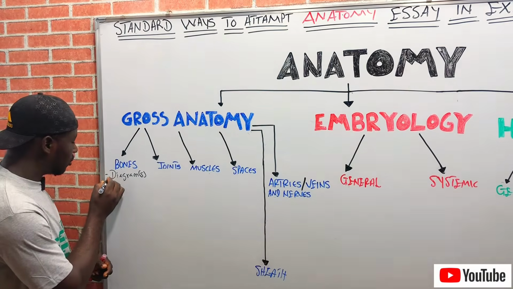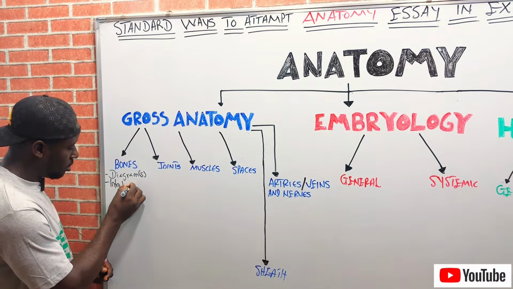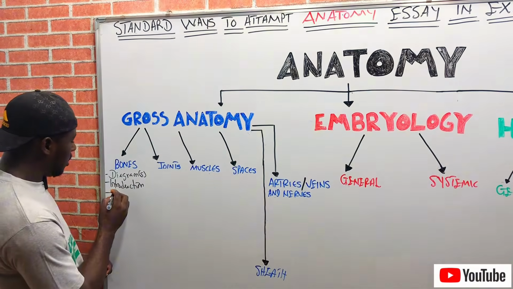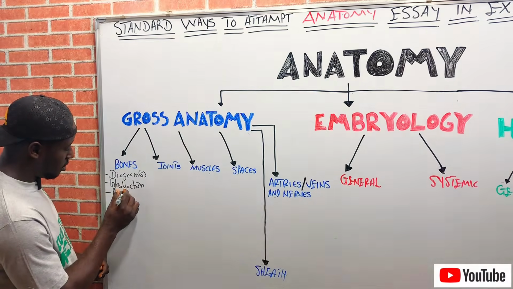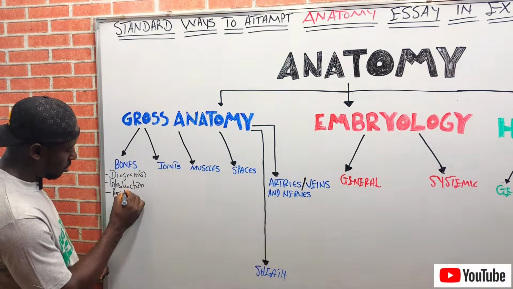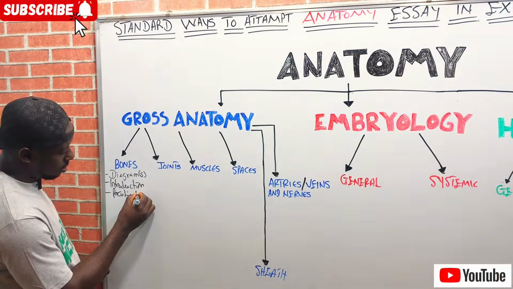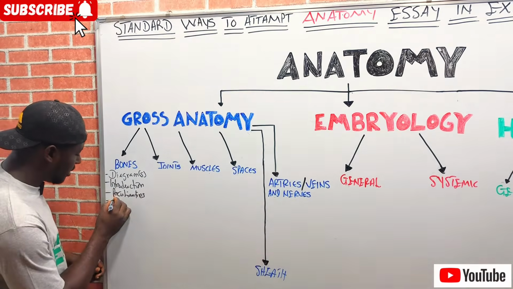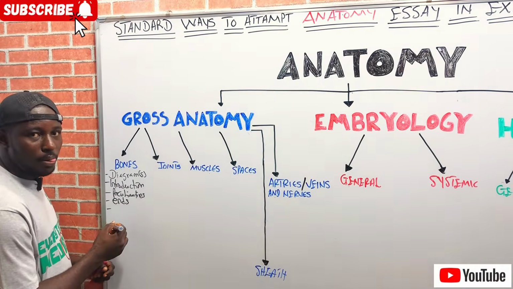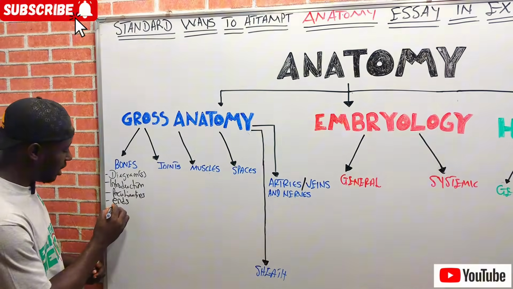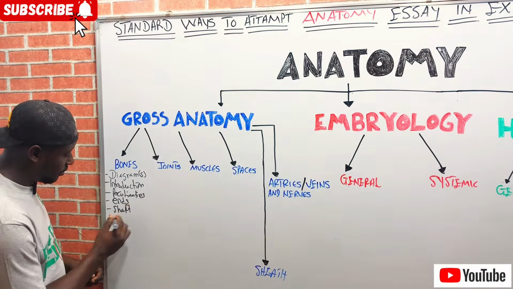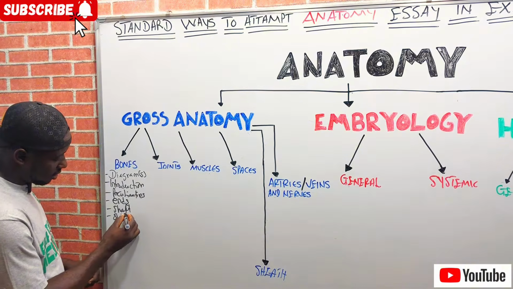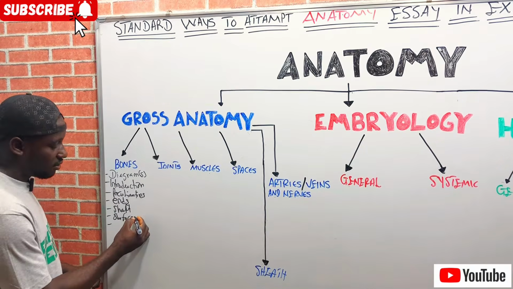The next thing is the introduction, since it's a long bone, right? The next is peculiarities, followed by the ends. After the ends, what follows is the shaft, because it's a long bone. After the shaft are the surfaces, because it's more than one surface.